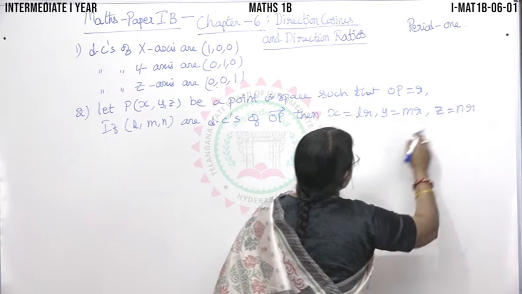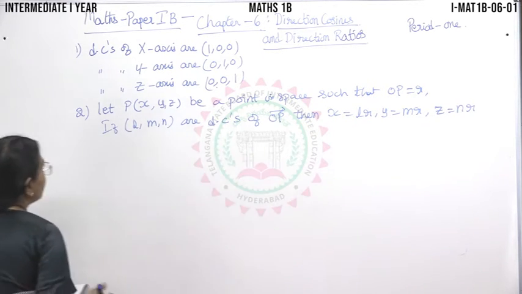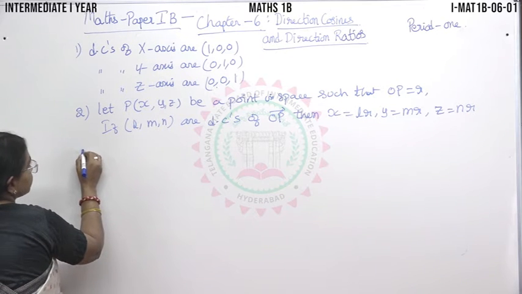So using this, you can find out the coordinates of the point P.